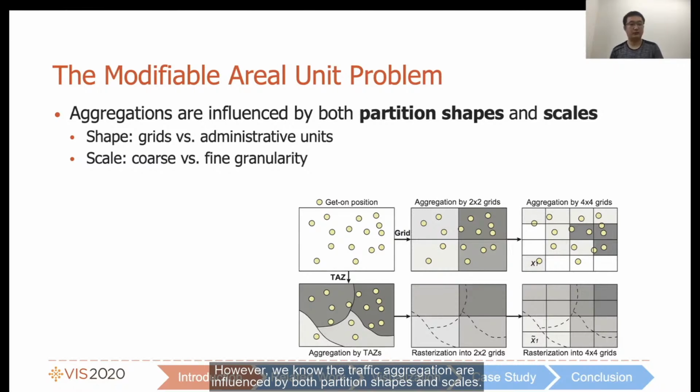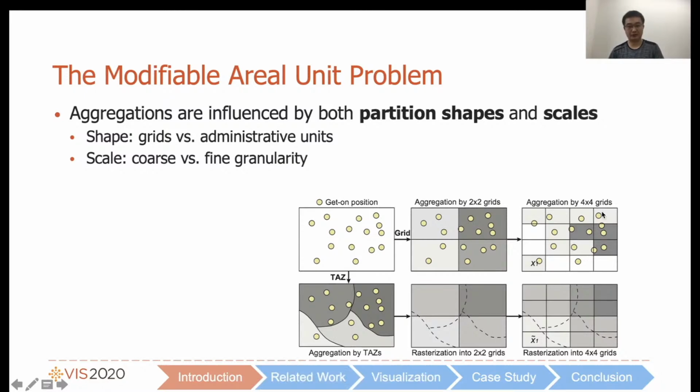However, we know the traffic aggregations are influenced by both partition shape and scale. For instance, in this movement data, the aggregation can be aggregated by different grids or by traffic analysis zones. We can also aggregate at different scales, for instance, 2x2 grids or 4x4 grids.